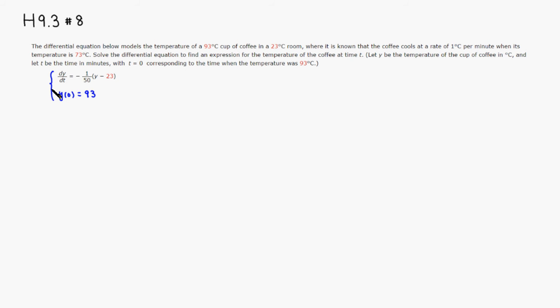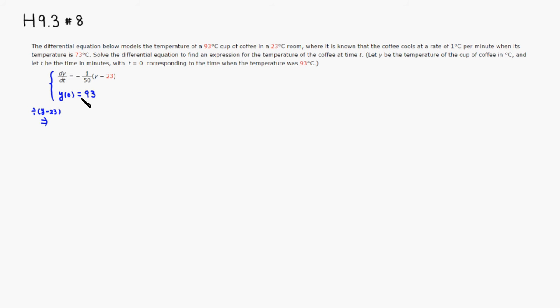Alright, so let's do that. Since this is a separable equation, I'm going to put all the expressions in terms of y on the left and everything else on the right. The first thing I would do is divide the equation through by the quantity y minus 23.